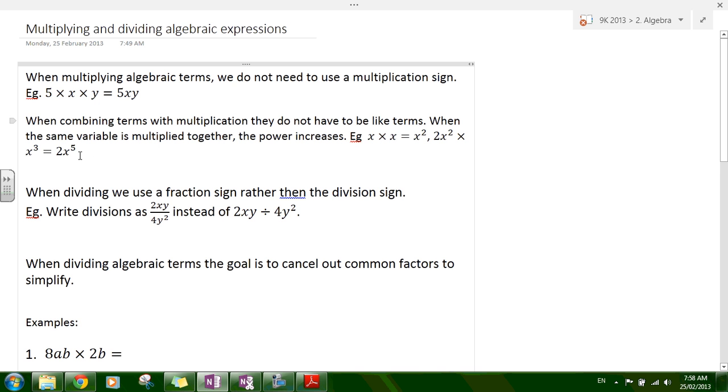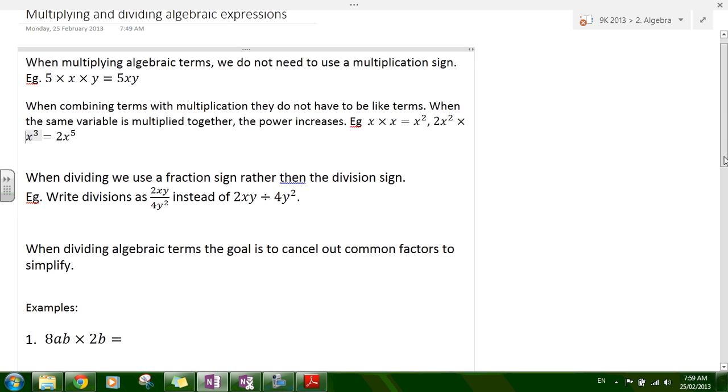That increases the power that you have on the variable. If you think about it, x squared is x times x, x cubed is x times x times x. So when you have 2 x's and 3 x's, you have 5, which is x to the power of 5.